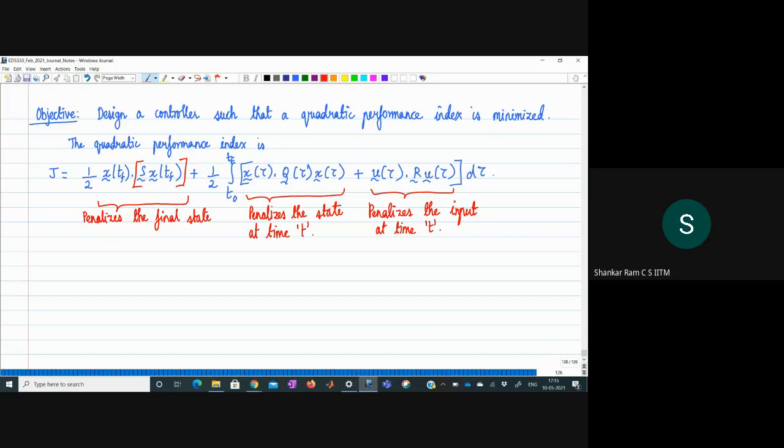Of course, one may ask, why this factor half? This once again goes back to minimization and maximization. Let us say we use some function f of x, which is 1 by 2 a x squared, where a is a scalar. Now when we want to minimize this, we take the derivative. The derivative of x squared becomes 2x, and if I choose that half, the half and 2 get cancelled, and I just get ax.